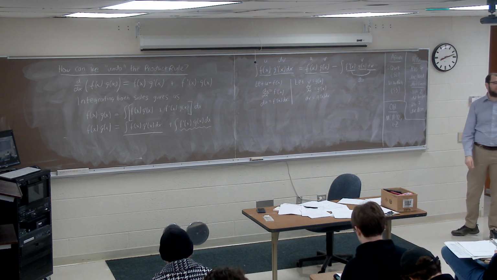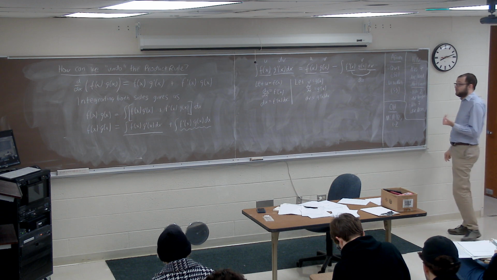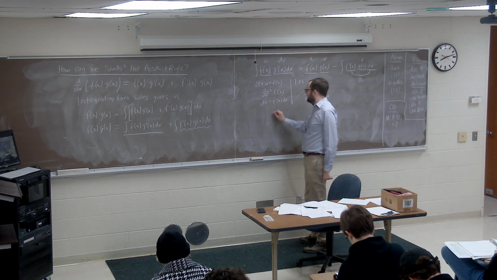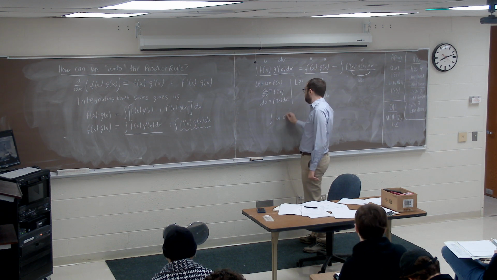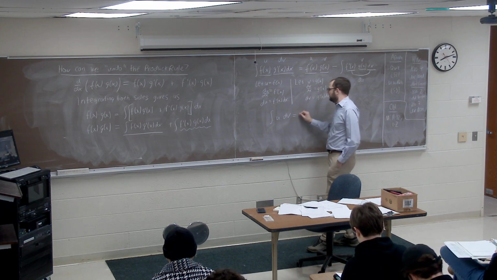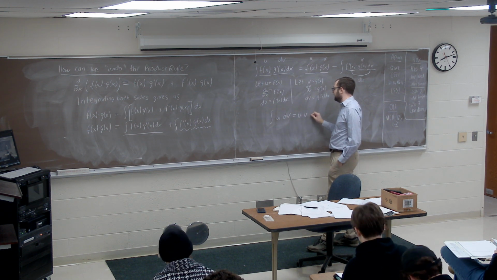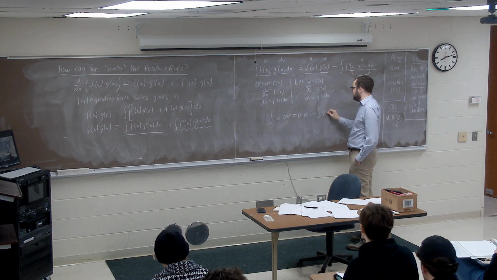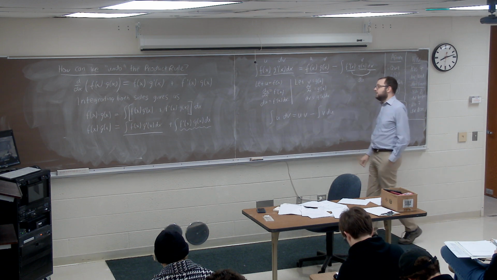And what we'll be left with when we rewrite our entire integral in terms of u's and v's is that the integral of u dv is equal to uv minus the integral of v du.